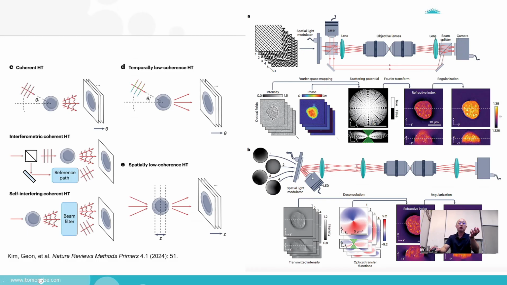Or sometimes you can use an incoherent light source such as an LED, and by controlling illumination patterns, you can measure multiple transmitted diffraction patterns in terms of intensity distribution, and then you can apply an algorithm to get the three-dimensional distribution of refractive index. For further information, you may want to refer to these review articles.